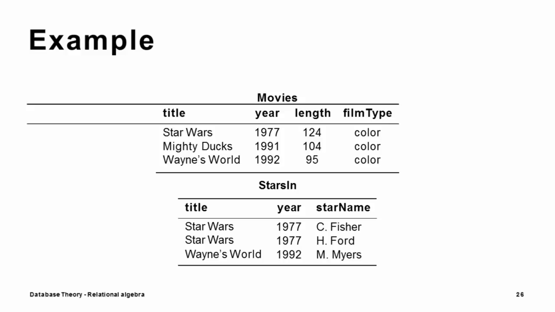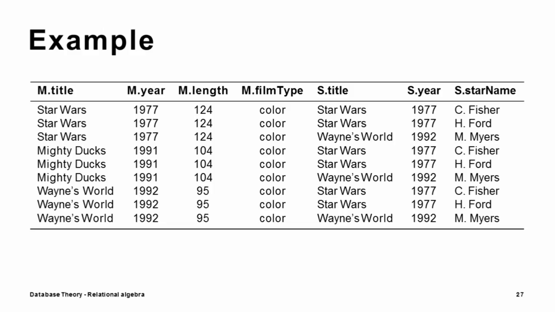So using those two, movies and stars in, if we use that Cartesian product, then that's the result you get. That's the Cartesian product, and it just combines everything and also uses all of its attributes. So it doesn't do any projection or selections at all, just combinations.